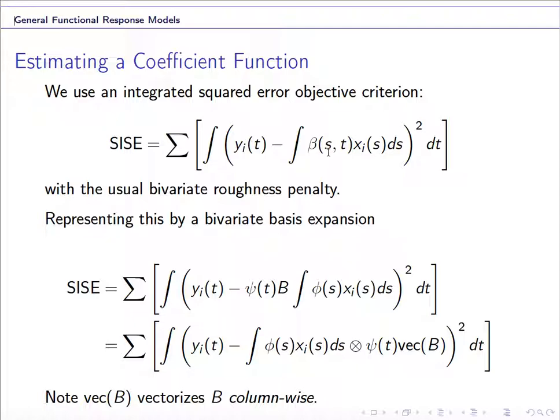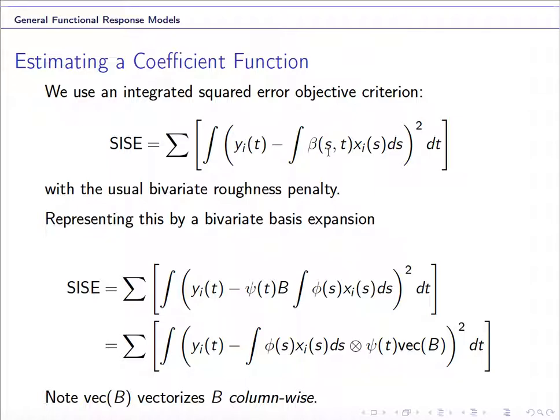So basically here, we can write down beta(s,t) as the summation of c_j times phi_j(s,t). This is the bivariate basis function.